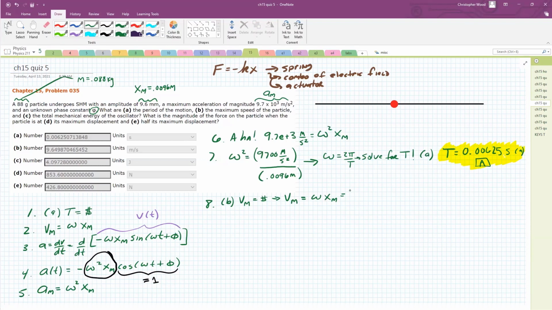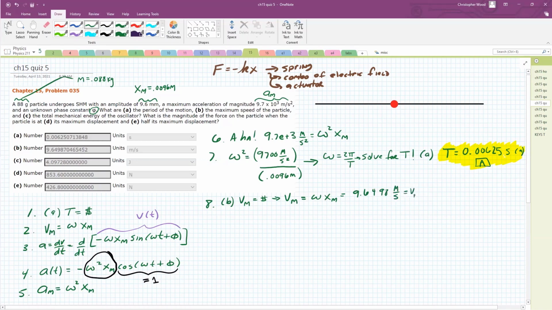Okay. Done with part B. 9.6498 meters per second.